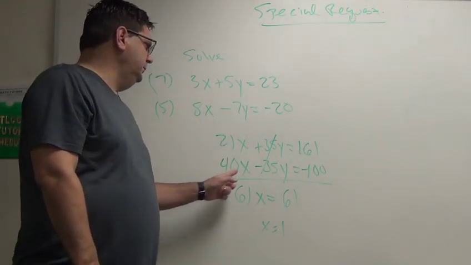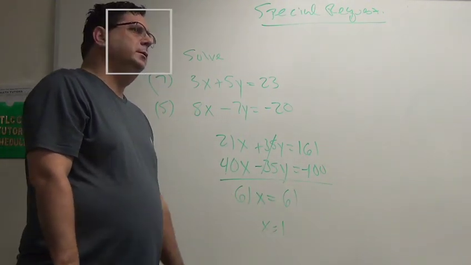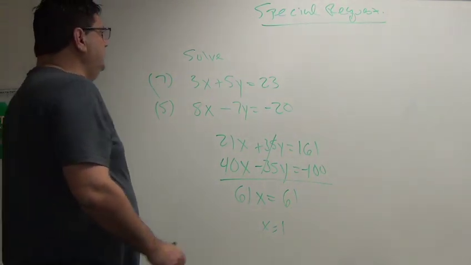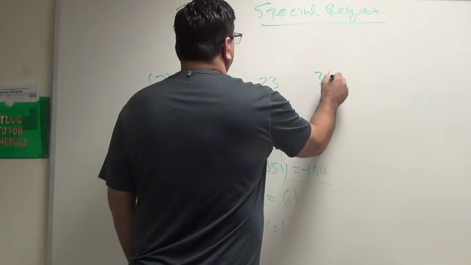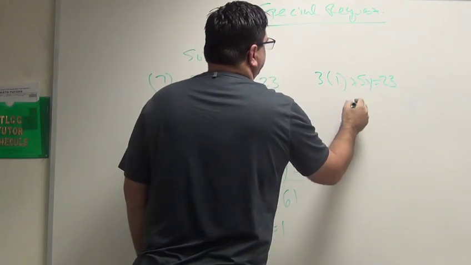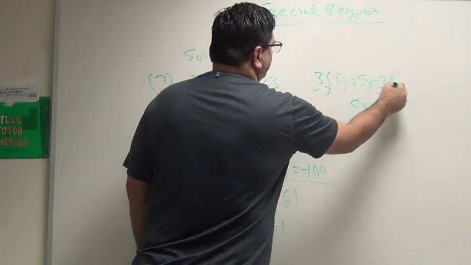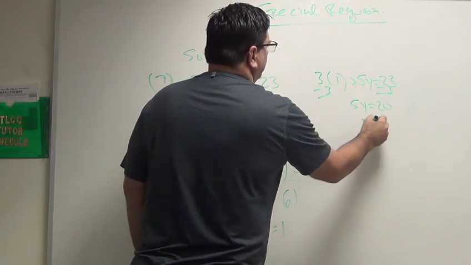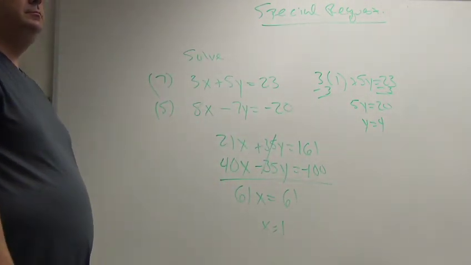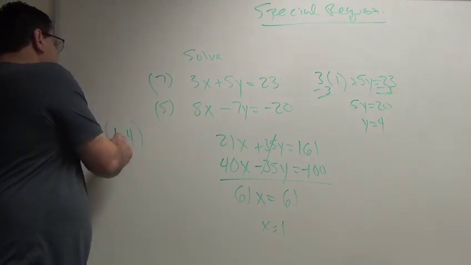You add these down, those cancel, 161 minus 100 is 61. X is 1. Once you get x is 1, 3 times 1 plus 5y equals 23. 5y equals 20, as you subtract 3 from both sides. Y is equal to 4. If x is 1, y is 4, that's your ordered pair.